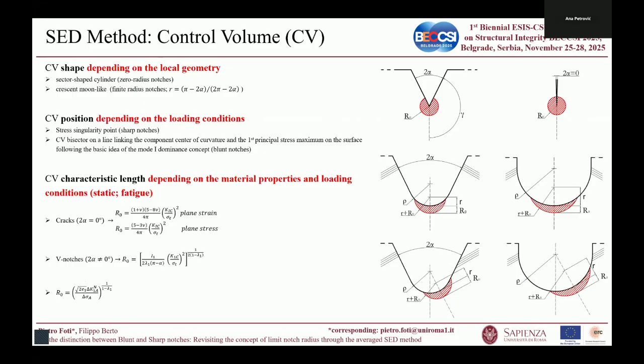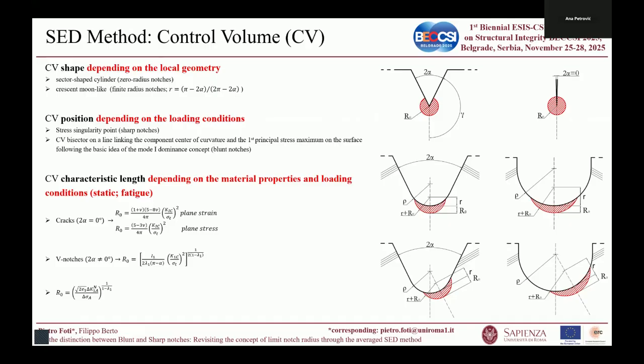I talked about a control volume, and there are several features that describe this particular volume of material that the method considers in order to average the energy and evaluate the critical condition for a notch. It has a shape that depends on the local geometry. It has a circular sector shape when we are dealing with zero radius notches, and it has a crescent moon-like shape when we are dealing with non-zero radius notches.